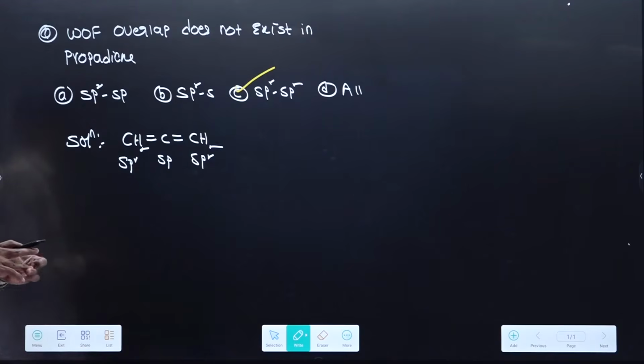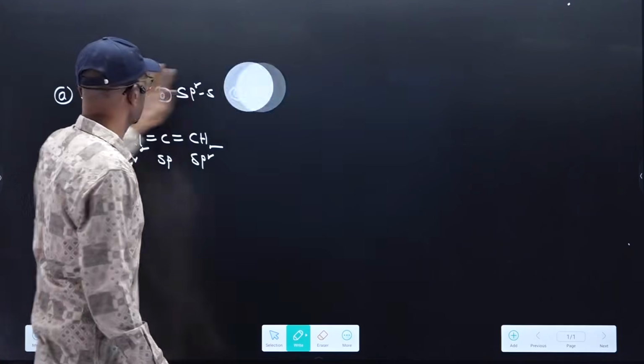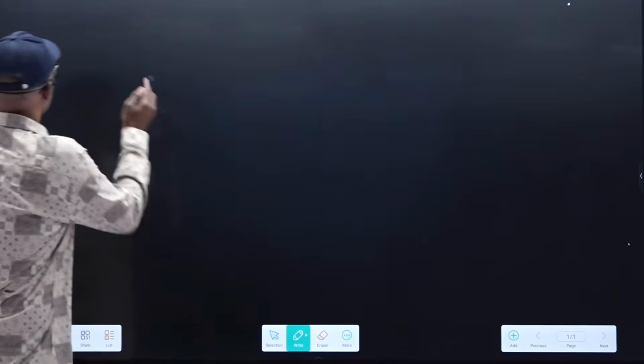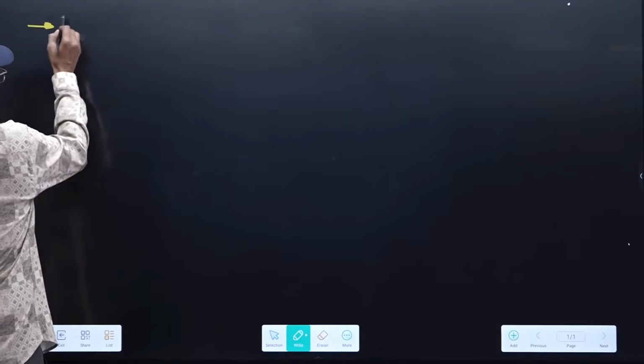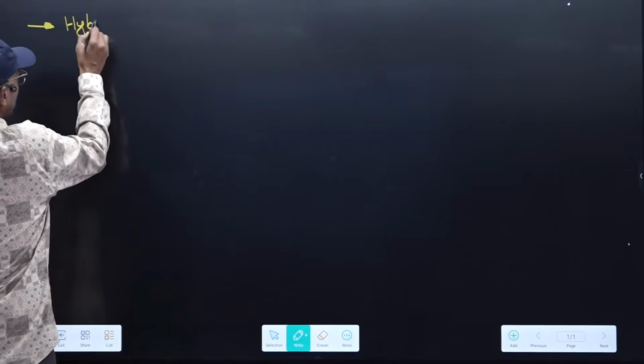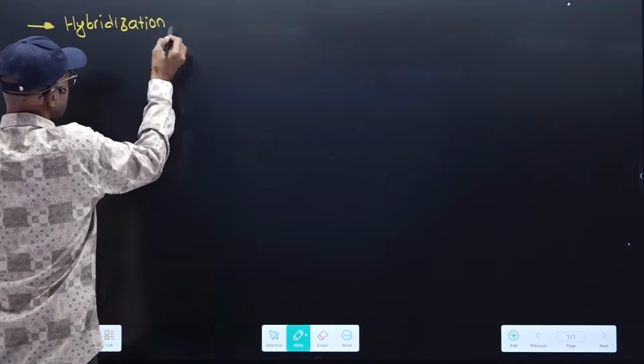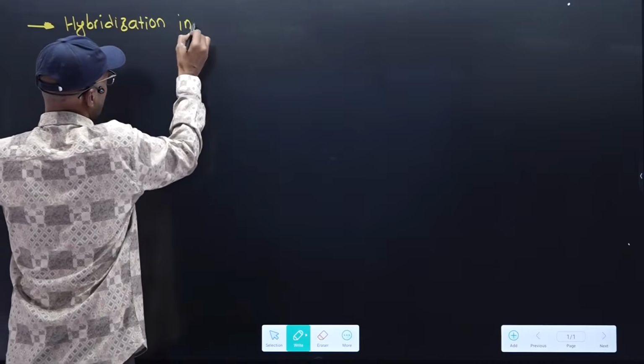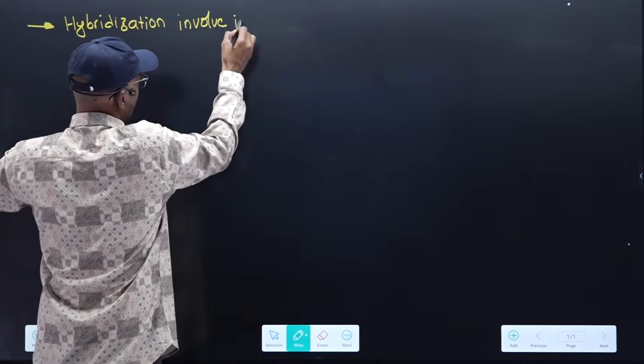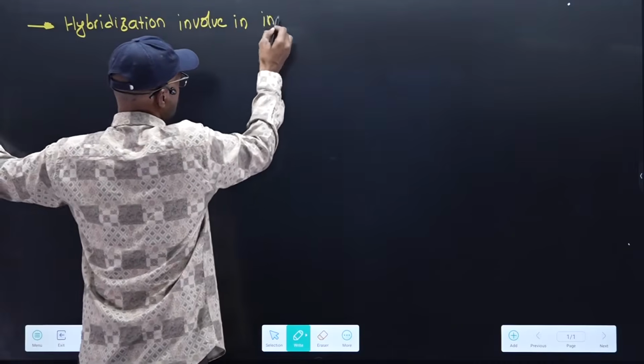Clear? So keep going. Hybridizations involved in inorganic molecules.